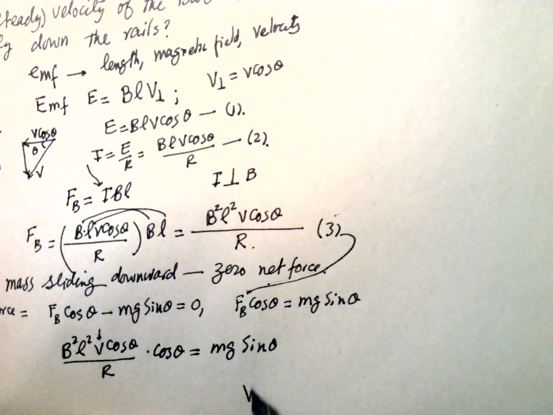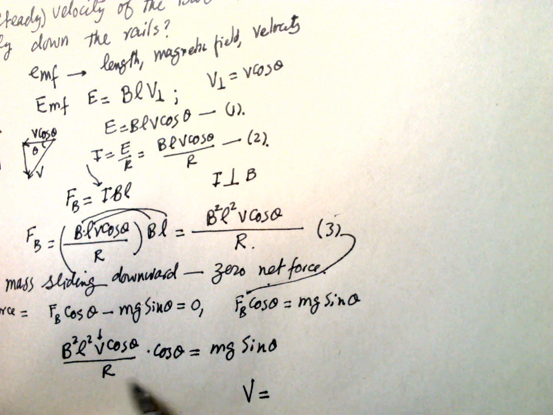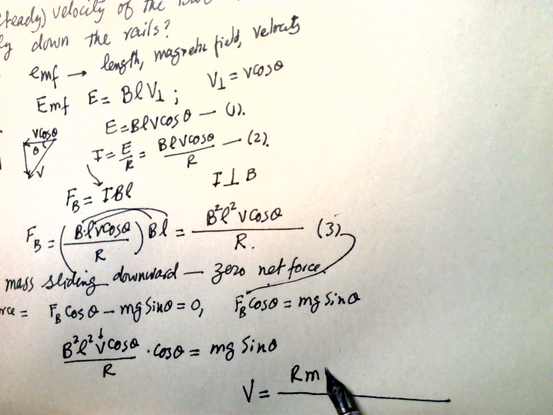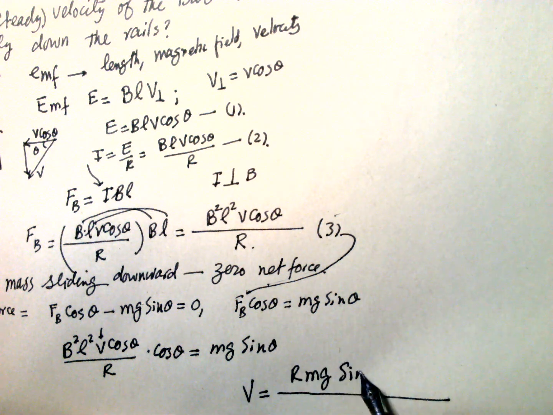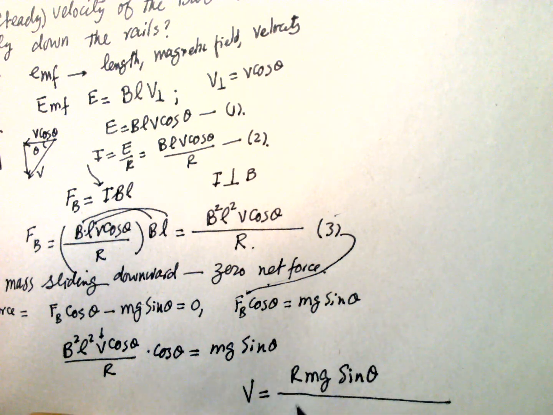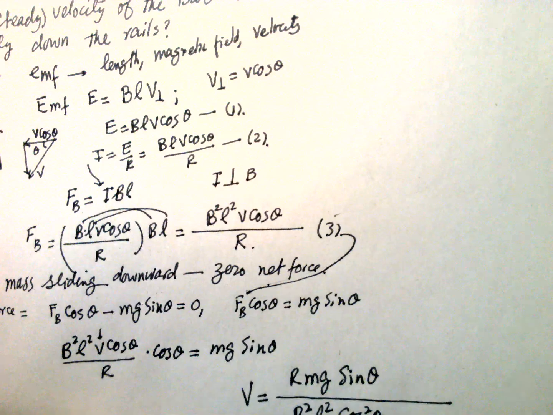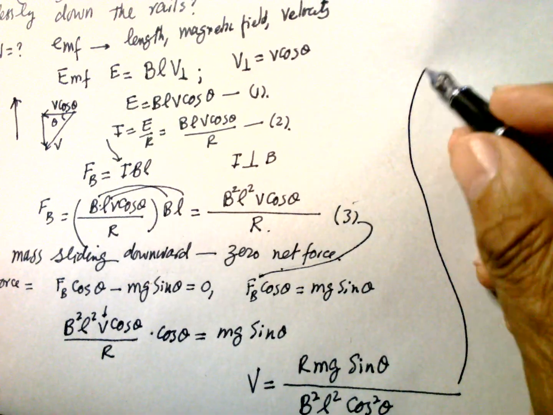So V is equal to, this will go on the other side, R mg sine theta divided by B square L square cos square theta. So substitute the values.